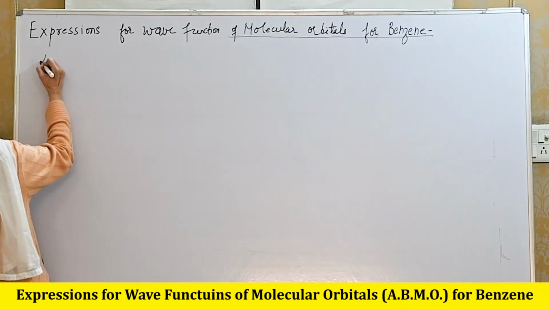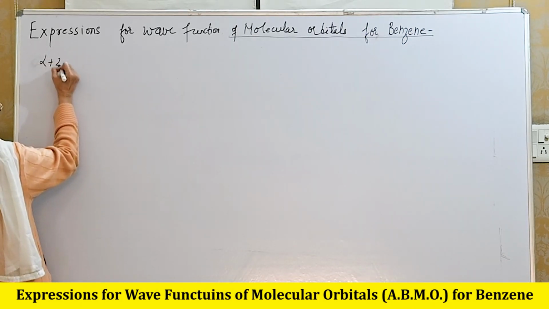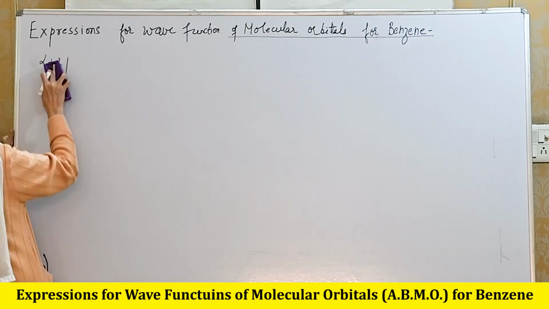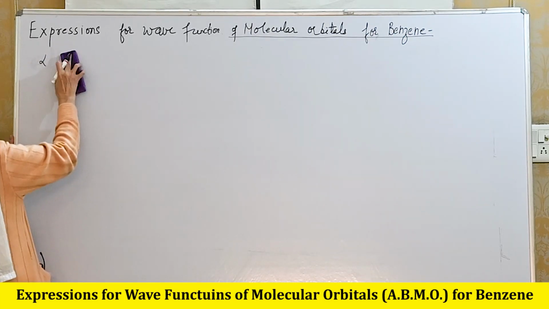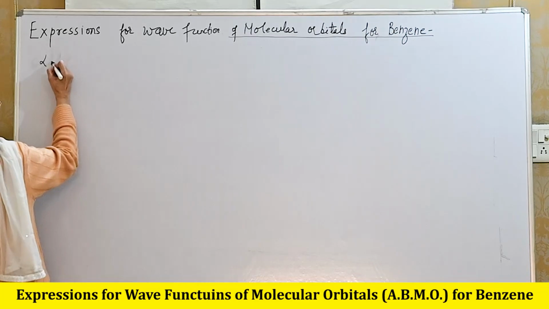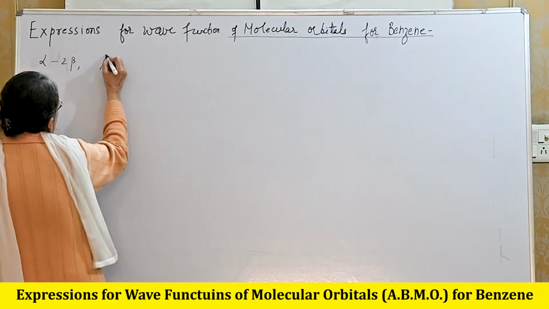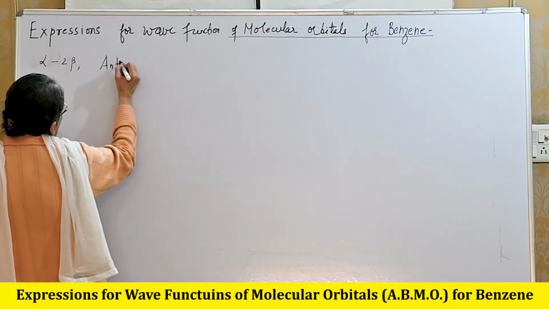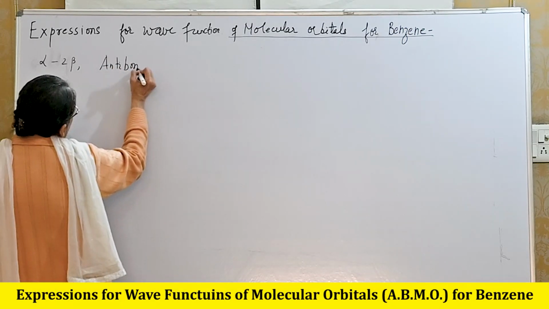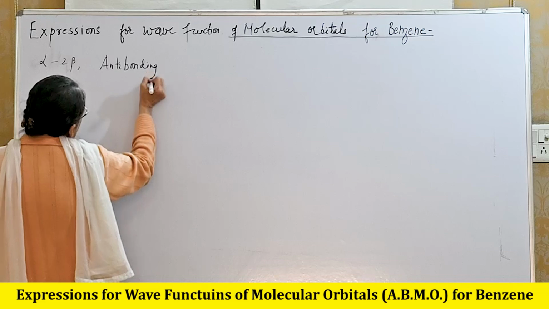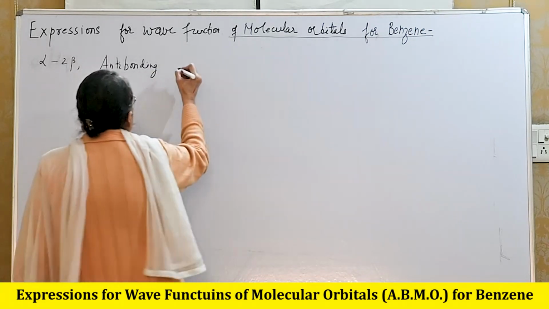Alpha minus 2 beta, anti-bonding orbital.